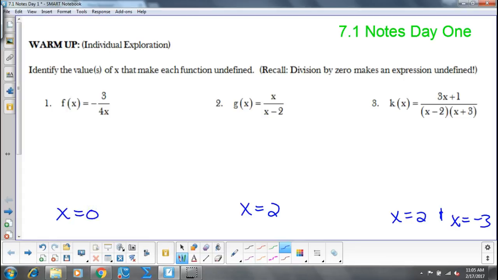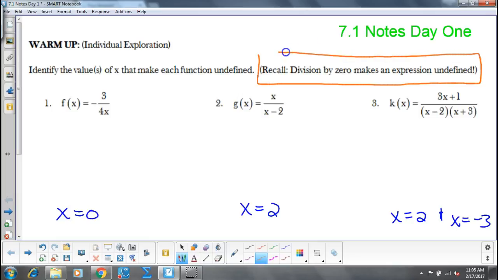Okay. So, how do we do this? If I'm looking for stuff that makes it undefined, I would probably want to read the hint, right? Remember that division by 0 makes an expression undefined.